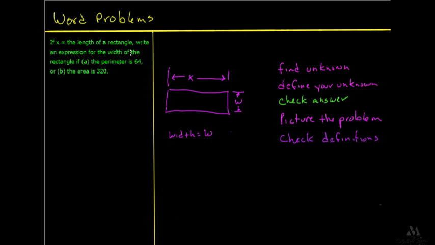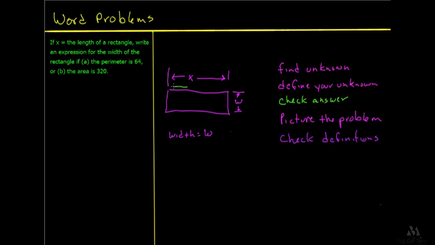So the first thing I did is basically draw a picture of the problem. It's got another part, and that part is the perimeter. If you know what perimeter is, great. If not, this would be a great place for you to go check definitions. But let's talk about perimeter. What is perimeter? It's the outside.